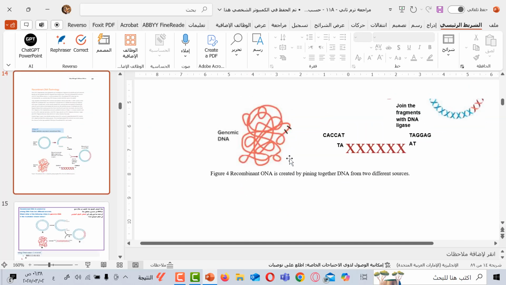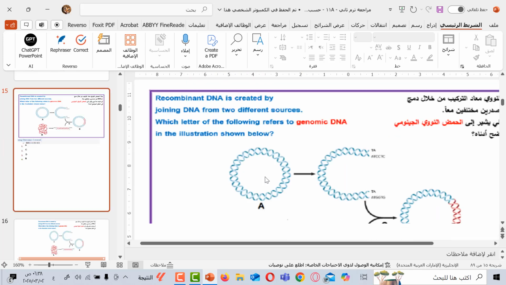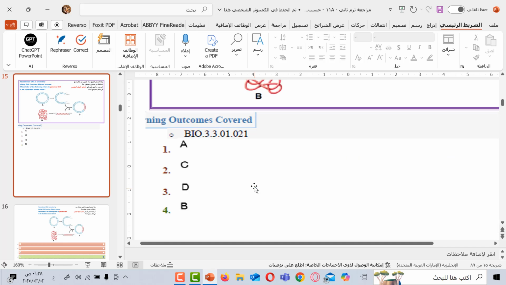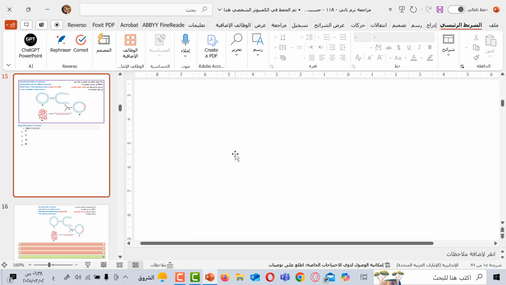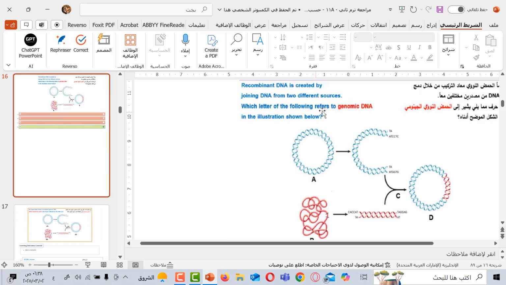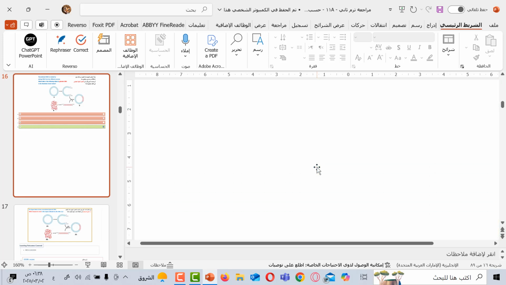If we return to this one, this will be genomic DNA. The true choice is B. True choice is B. Okay, first question. We're going to the second question. Genomic DNA, again it's B. Okay, third question.